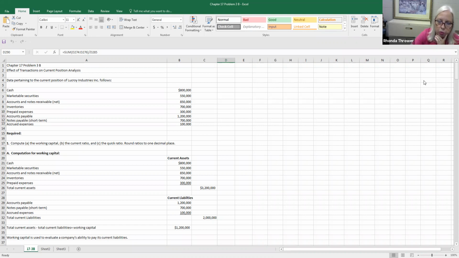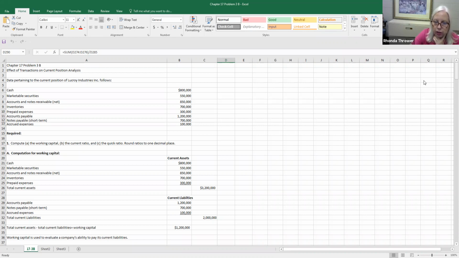In the same transaction, because our liabilities decreased, it would have decreased our current liabilities. Our accounts payable went down, so the balance in the accounts payable account would have gone down, which would have affected your total liabilities. Take your current assets and subtract your current liabilities, and that will give you a working capital amount of 1,200,000. Your formula for working capital is current assets less current liabilities.